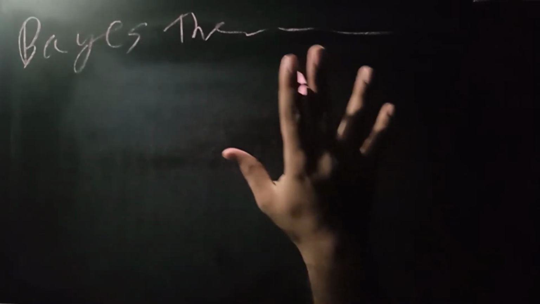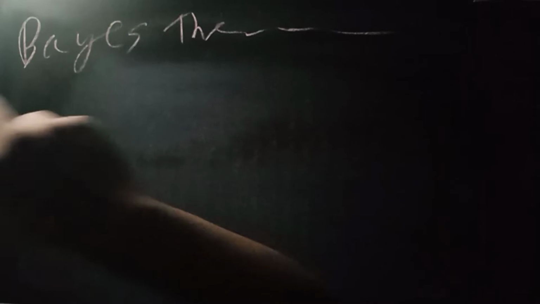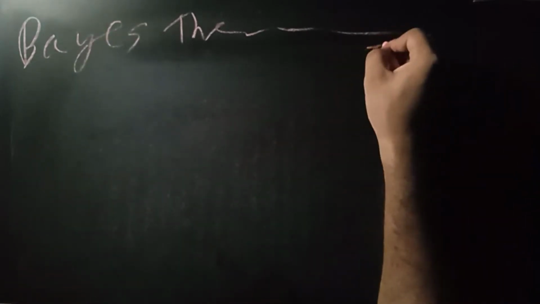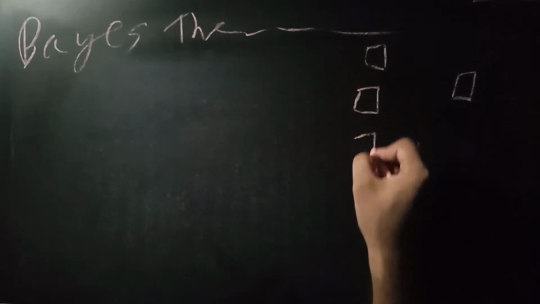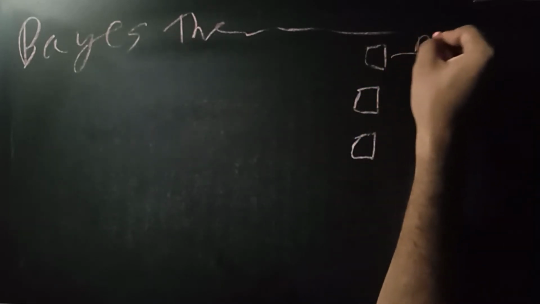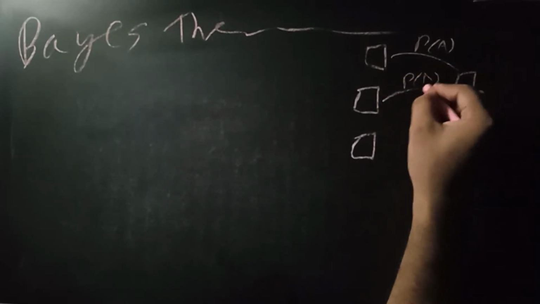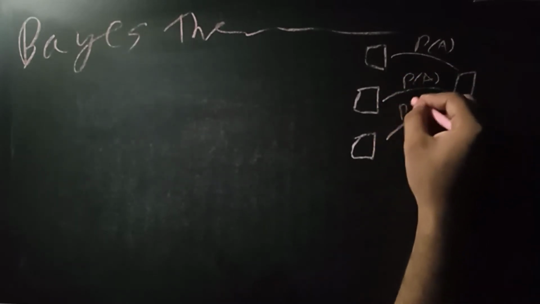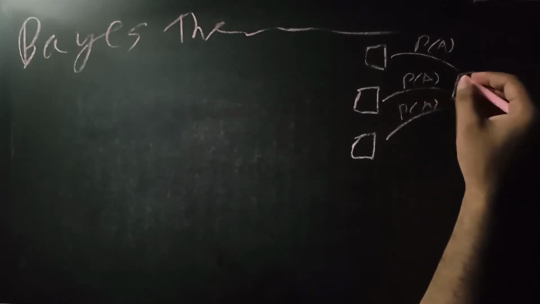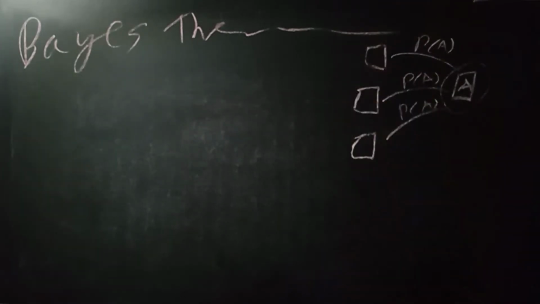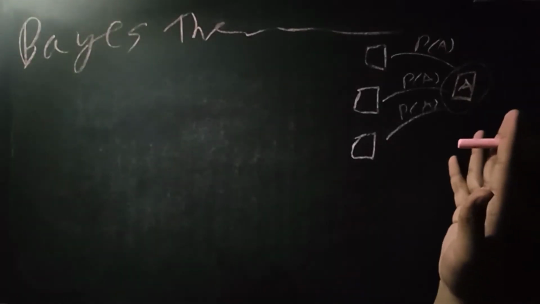Now this is going to be an extension of the previous law of total probability. In total probability we had to find the whole probability of A from a number of different mutually exclusive and exhaustive events.